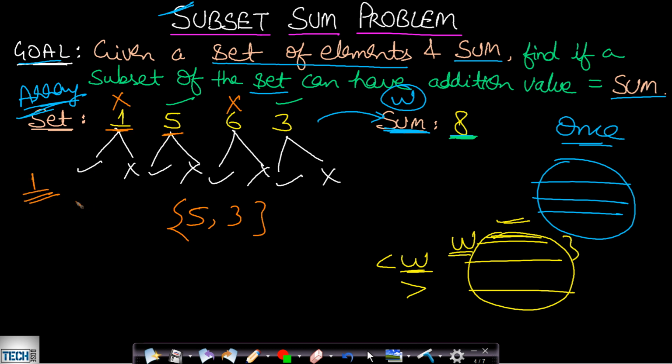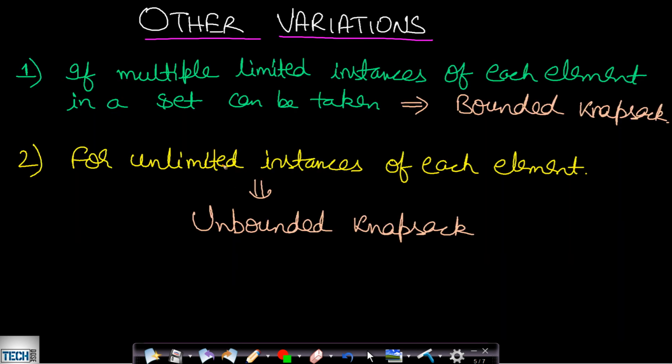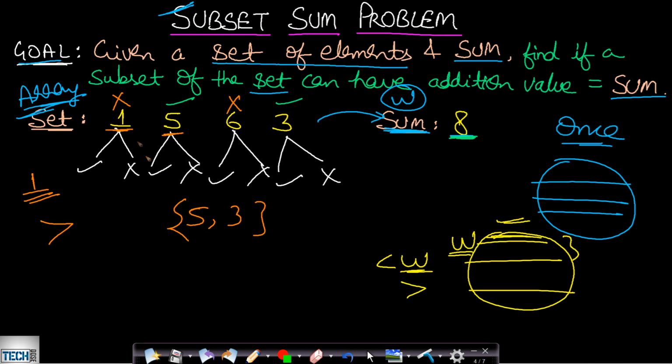Now what happens if the number of instances goes greater than 1 but it is limited? Then that will fall in the bounded knapsack problem. Now if multiple limited instances of each element in a set can be taken, then that will be called a bounded knapsack. So in this case, we were only allowed to take just a single instance of each item.